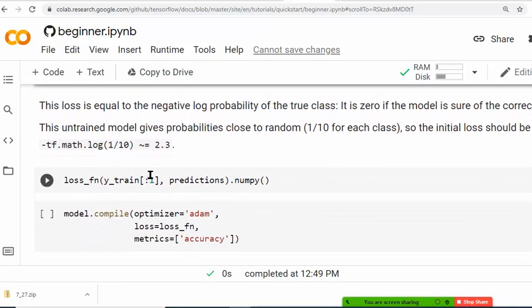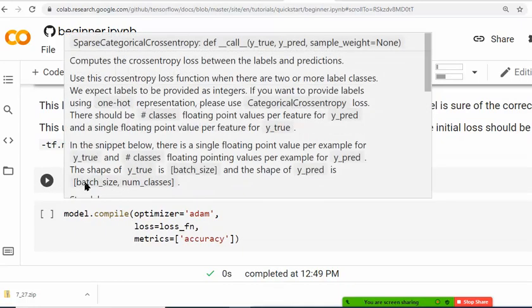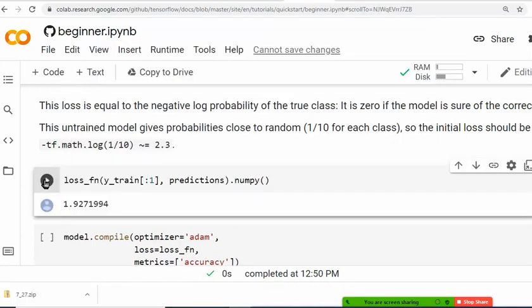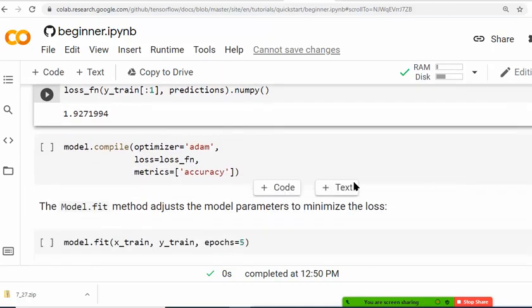Now what you want to do is train your model using this loss function. This does the complete training of the neural network. It's going to use backpropagation to adjust the weights in all of the layers of the model. Now this may take some time.